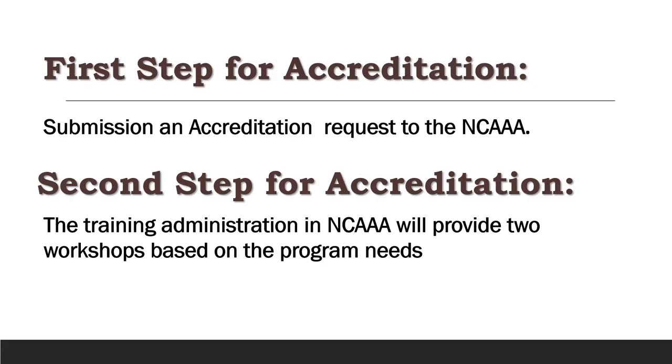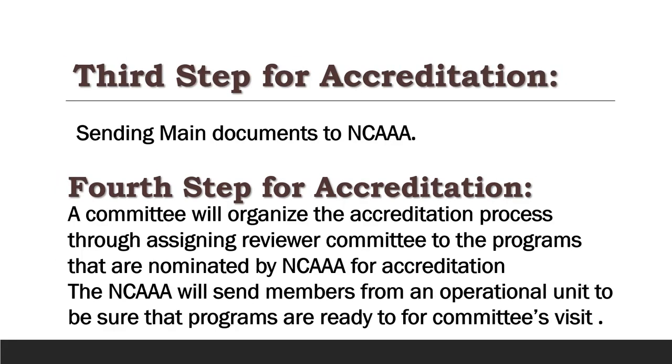coordinators in order to train them and to provide the programs with workshops to help them prepare the accreditation documents and write a good self-study report for programs. The third step for accreditation is to send the main documents to the NCAA.